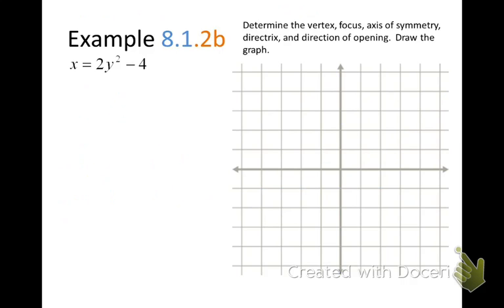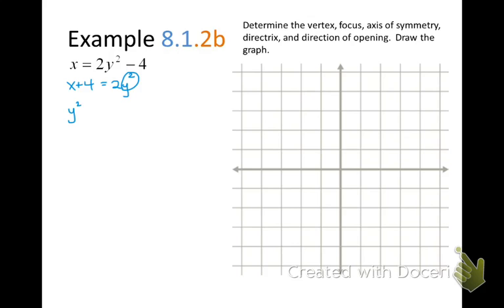So what I am going to do is add my 4 over. So I'm going to say that this is x plus 4. Oops, just kidding, hold on. I forgot to put on my righty thing. All right, so I'm going to write this is x plus 4 by adding the 4 over equals 2y squared. And then I'm going to take half of both sides so that I get y squared by itself.